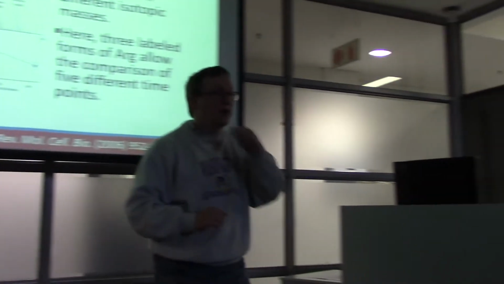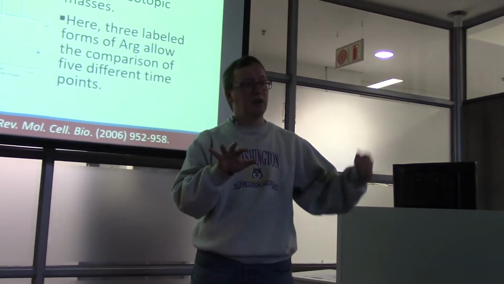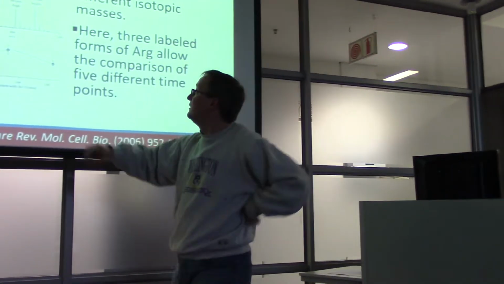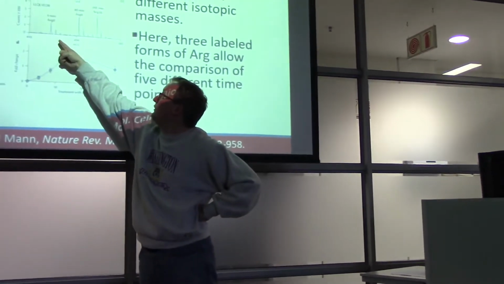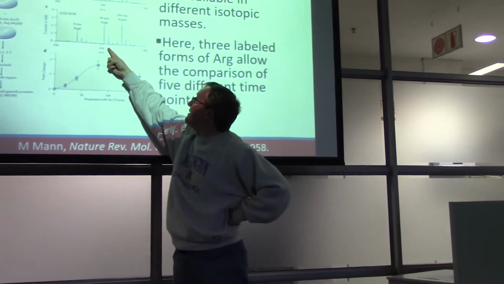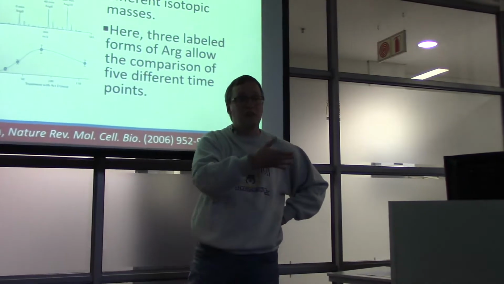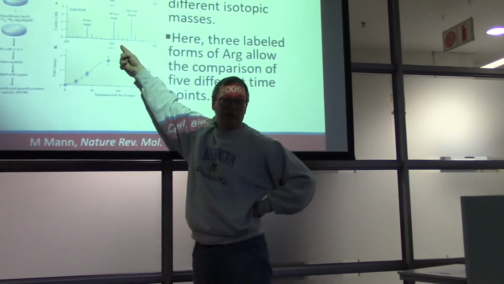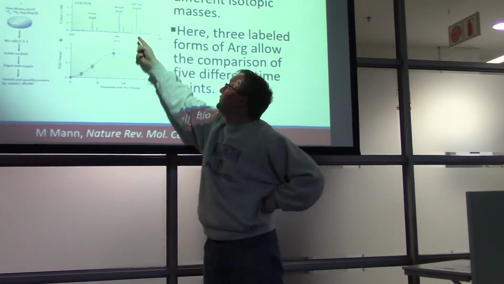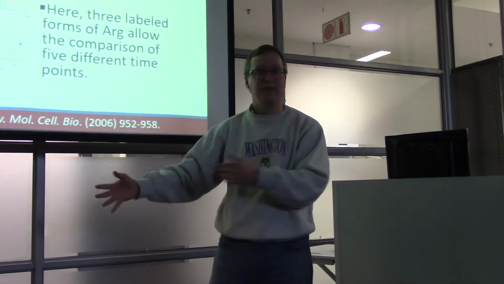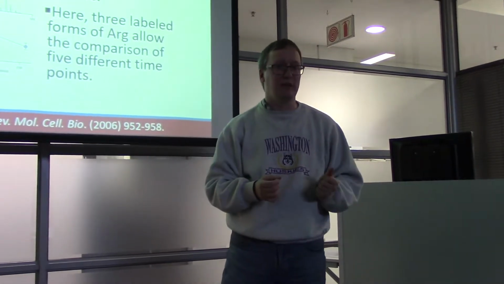Only the arginine is differing among these three peptides with the same sequence. If it's got no label, we know that it comes from the 0-minute cohort. If it's 6 neutrons higher, we know that it was the lighter version of the labeling. And if it shows up at 160 minutes, we know that it came from the arginine plus 10 labeling.